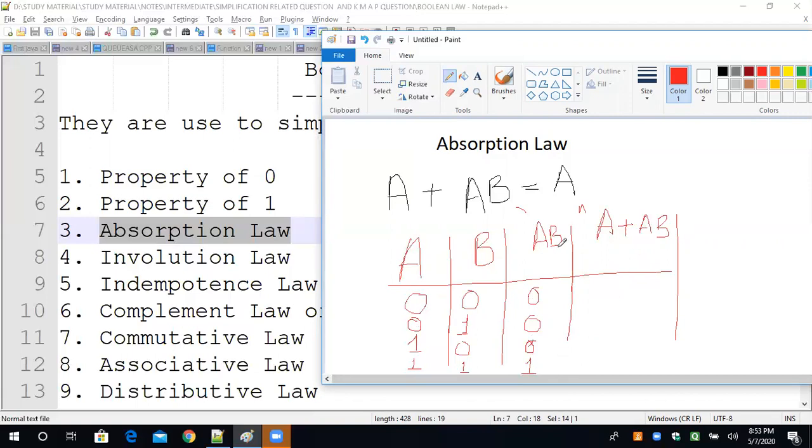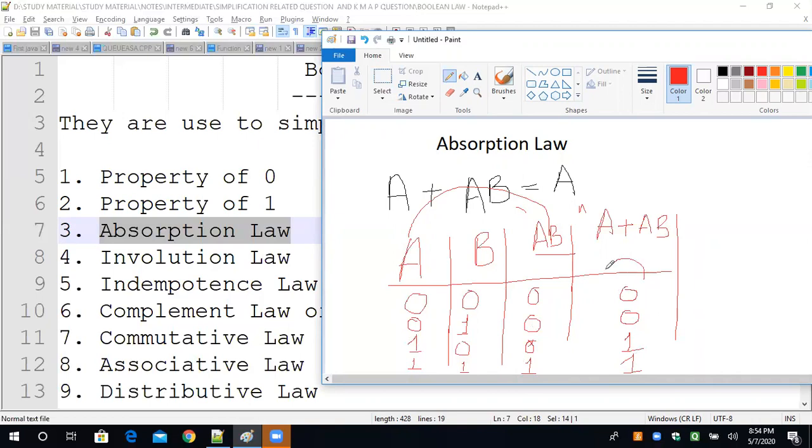Now in this column, AB will be added with A. So this column will be added with this column. So 0 plus 0 is 0, 0 plus 0 is 0, 0 plus 1 is 1, and 1 plus 1 according to Boolean, you will get 1. Now you have to compare the two things.